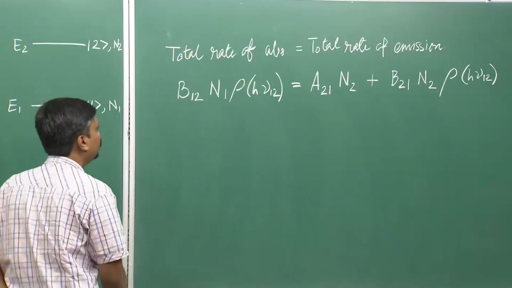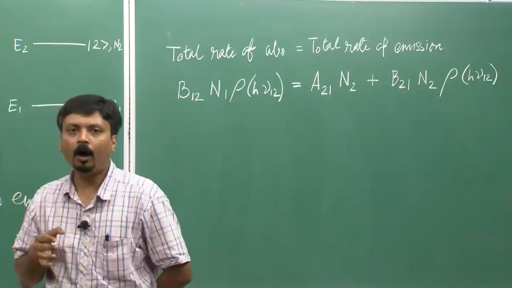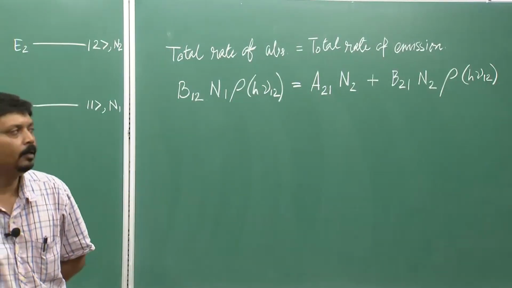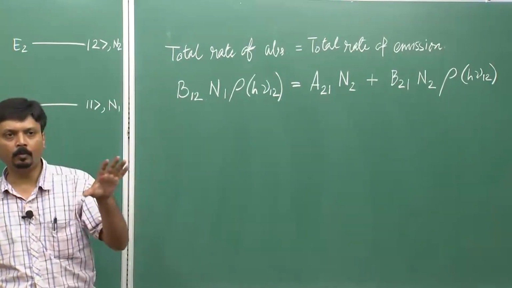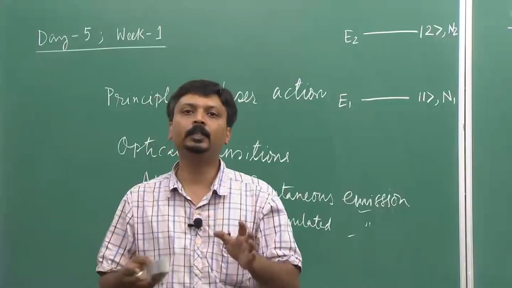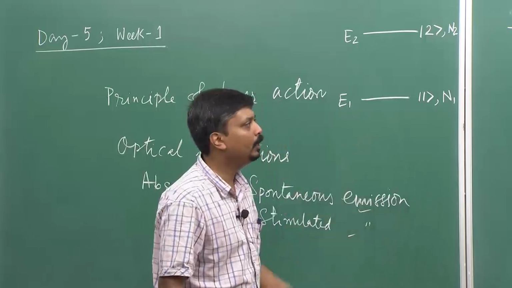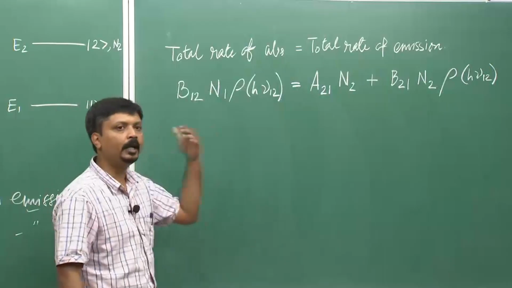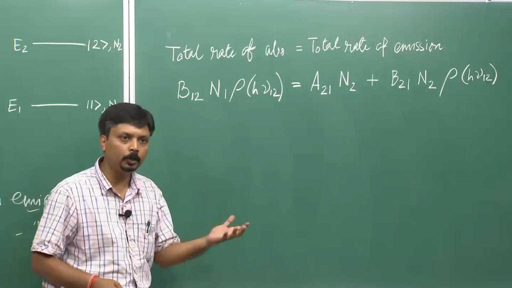We are going to use this to see how Einstein brought in his model of black body radiation, where he assumed a black body to be constituted of several such two level oscillators as we have shown here, and see if he can come to Planck's law, which it should be.